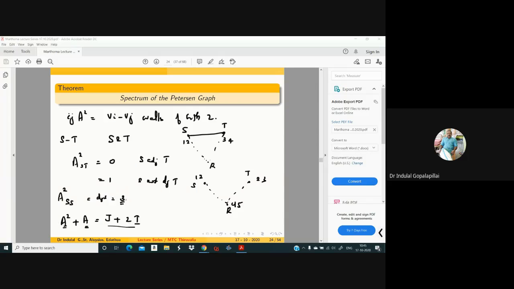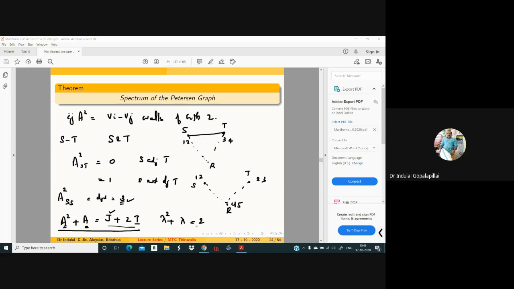We already know that 3 is an eigenvalue by the Perron-Frobenius theorem for a regular graph, because this Petersen graph is regular. And from this equation, using the Hoffman polynomial theorem, if lambda is any other eigenvalue, then lambda satisfies lambda square plus lambda is equal to, see, for any other eigenvalue, this J, which is a polynomial in A, by the Hoffman polynomial theorem vanishes, equal to 0.